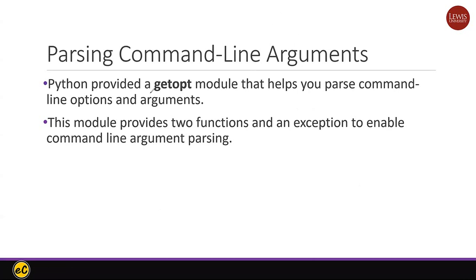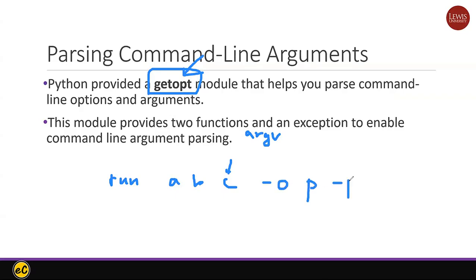And then you can also do getopt. Okay, getopt is a function that you can use to get the options. So usually when you write a program, you have, say, run program, and then you have A, B, C. These are arguments. They will be coming back from the argument vector. And then you may have dash OP, okay, dash P32.